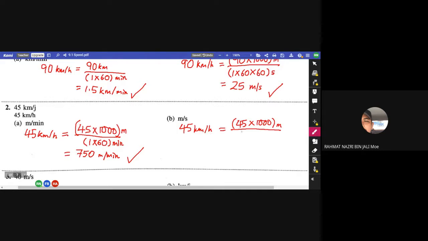And then hour we convert it, so we have 1 multiply with 60 multiply with 60 second. So what's your answer? 12.5 meter per second. Okay, good.